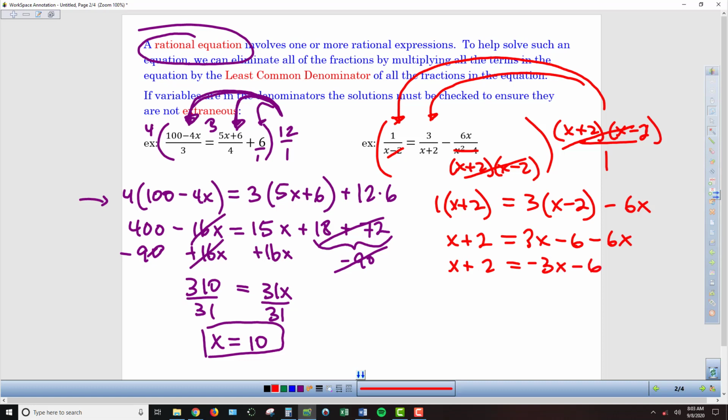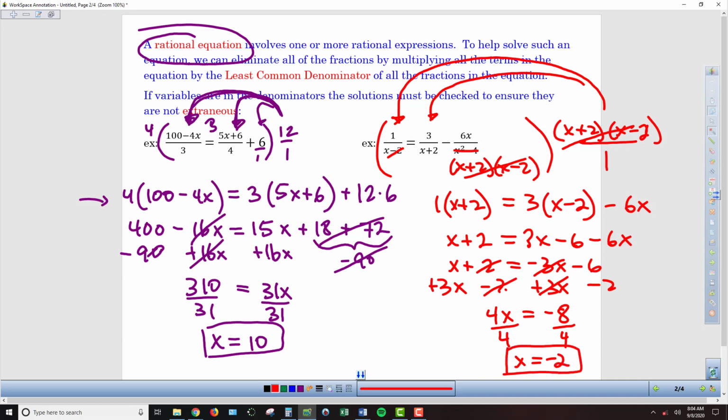Now again, I've got to gather my variables on one side, so this time I'm going to move the x's to the left, so they'll be positive. I'm going to move my integers to the other side, so I've got 4x equals negative 6 minus 2 is negative 8. Divide both sides by 4, and x equals negative 2.